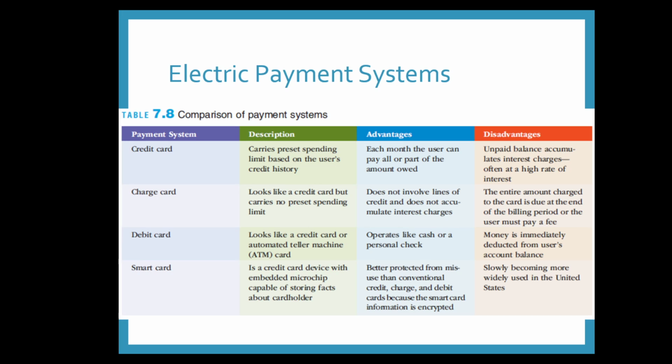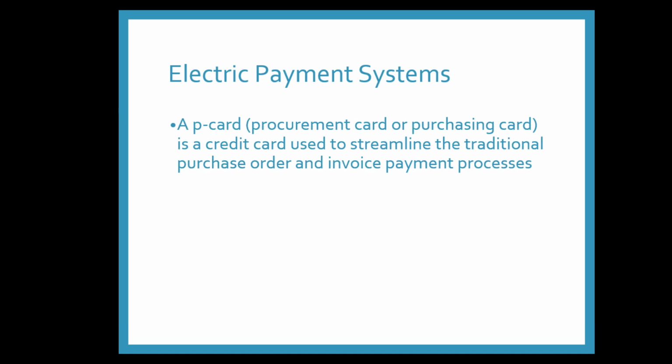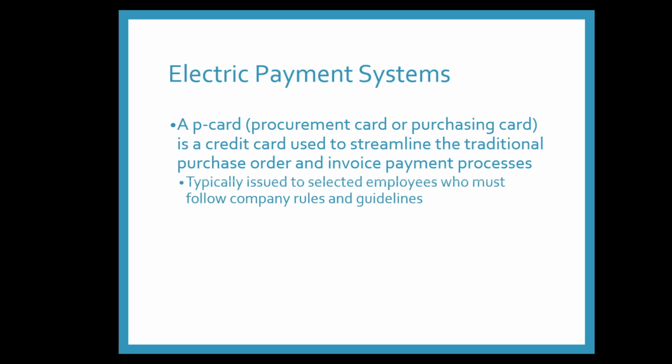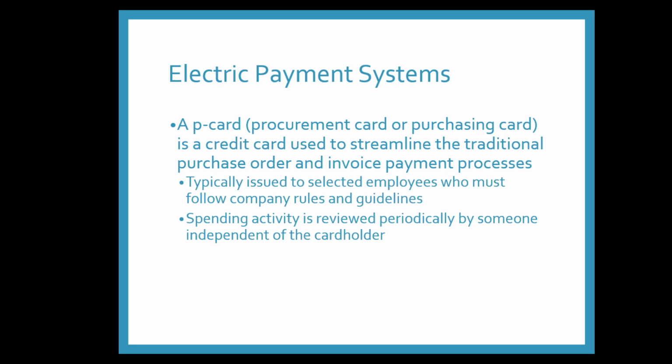A purchasing card, or procurement card, is a credit card used to streamline the traditional order, invoice, and payment processes. It is typically issued to selected employees who must follow company rules and regulations, and spending activity is reviewed periodically by someone independent of the cardholder.